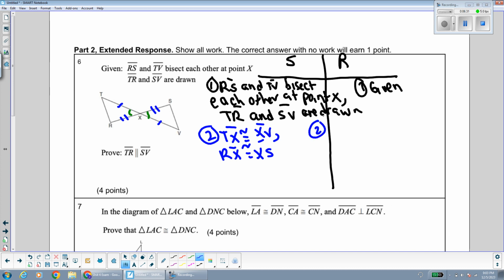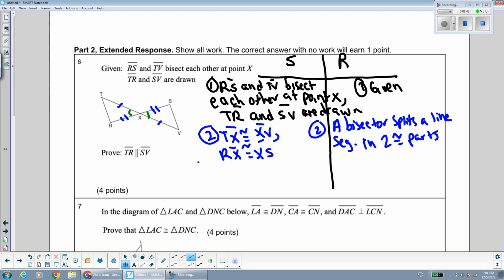And that was because we had a bisector. A bisector splits a line segment into congruent parts.